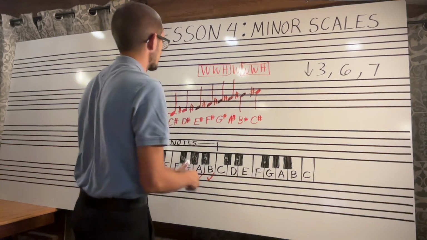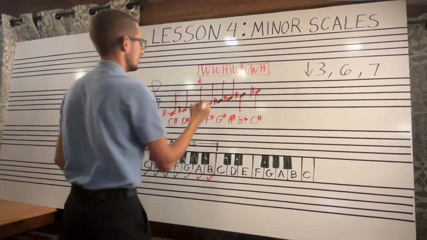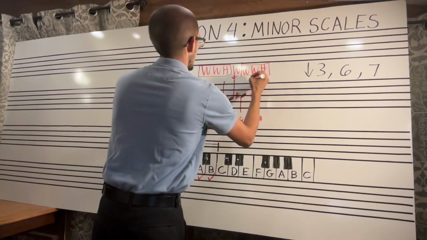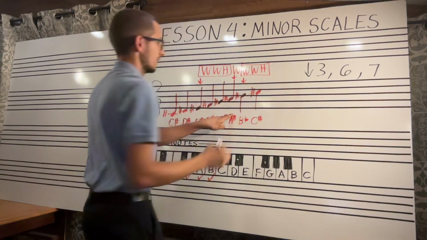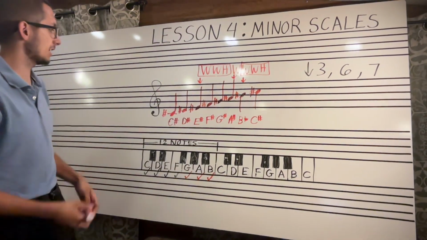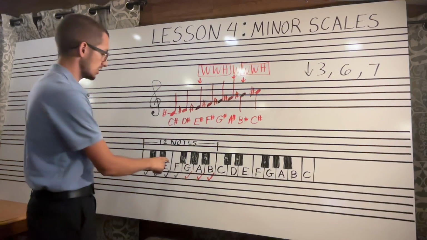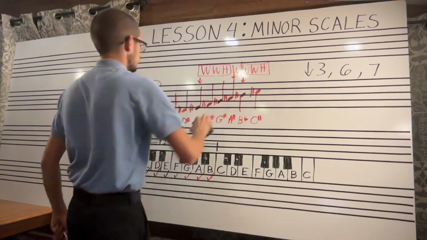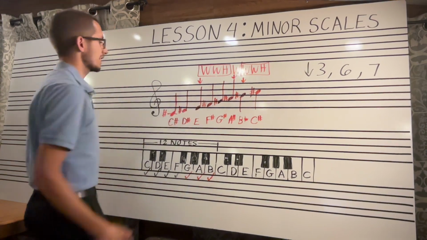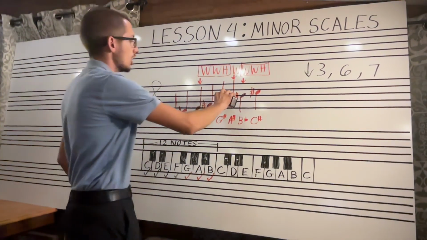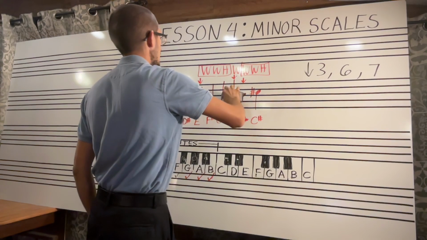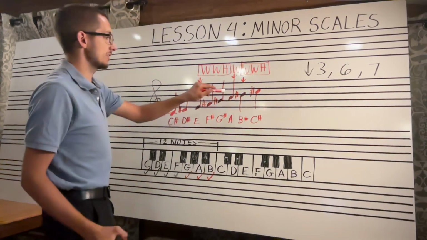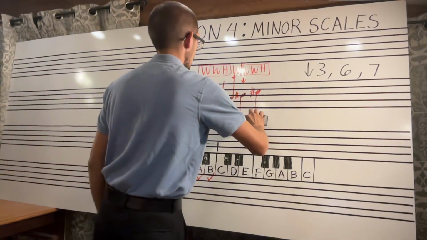Let's take the third, the sixth, and seventh, and lower them by a half step. If we lower that E sharp by a half step, we get E natural. So that E sharp becomes an E natural. The A sharp becomes an A natural. And the B sharp becomes a B natural.